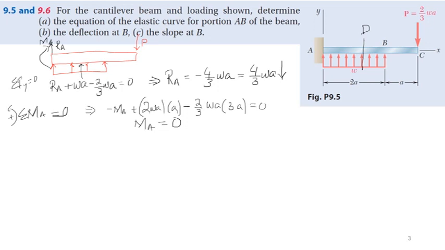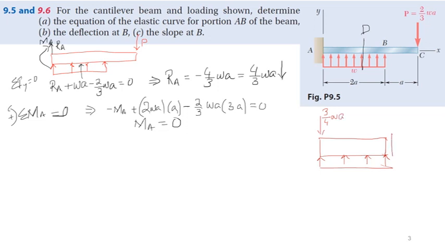Now for this section D, if I draw a free body diagram, we have a distributed load W, and the shear force reaction at A, which we already calculated, that is 4 by 3 wa.